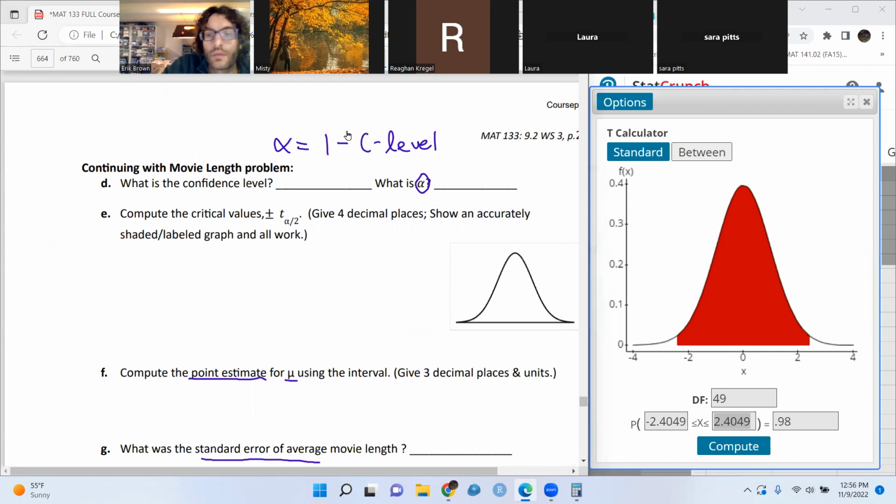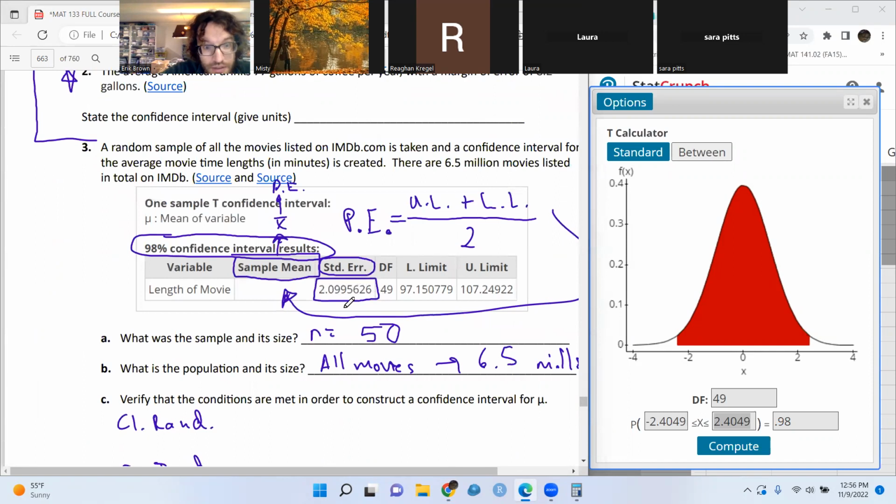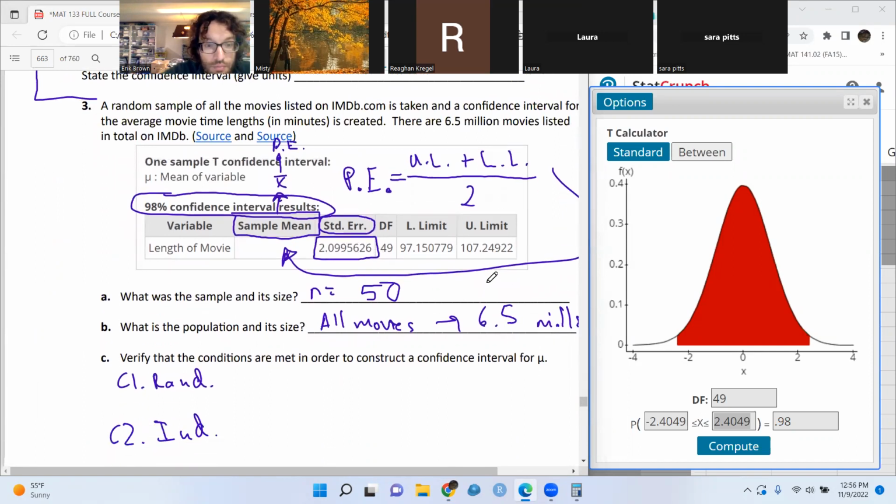Okay. Kayla, that's not a bad idea with standard error because there are so many numbers in there. You could round it. So if we're going to use 4 decimal places, you could round it to 2.0996.